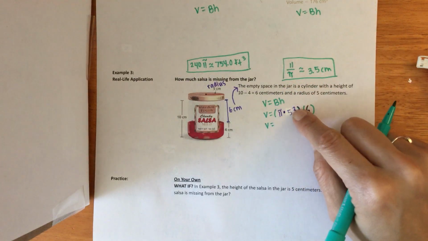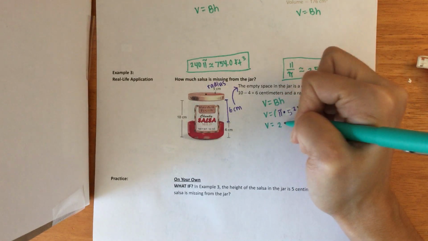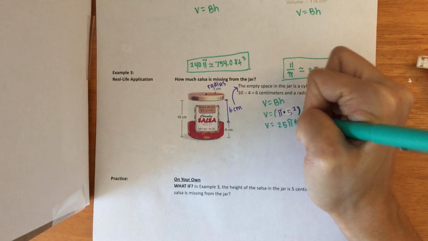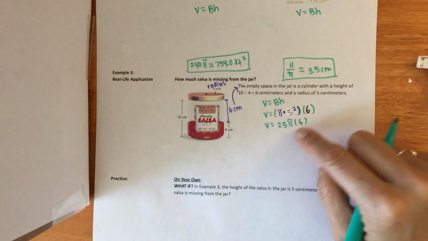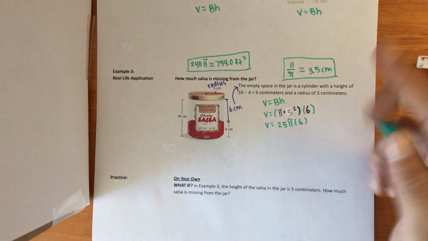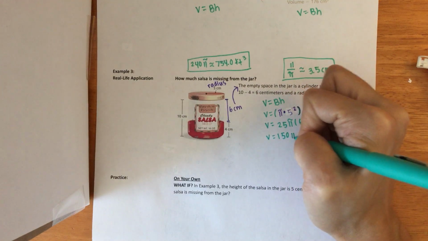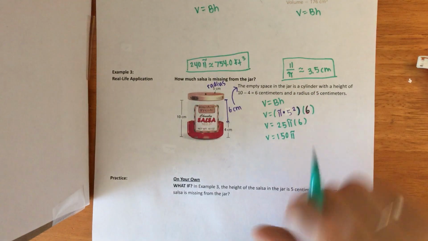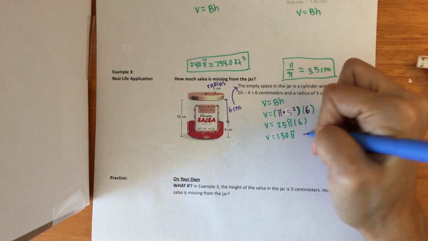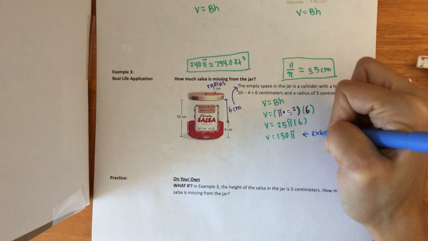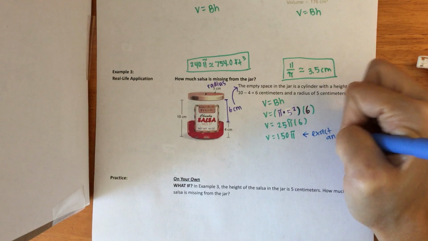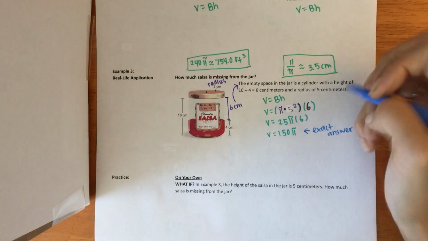Volume equals 5 squared, which is 25. I get 25 pi times 6. 25 times 6 is going to be 150. So I'm left with 150 pi. Again, if you recall, this is our exact answer. Okay, because it's in terms of pi.